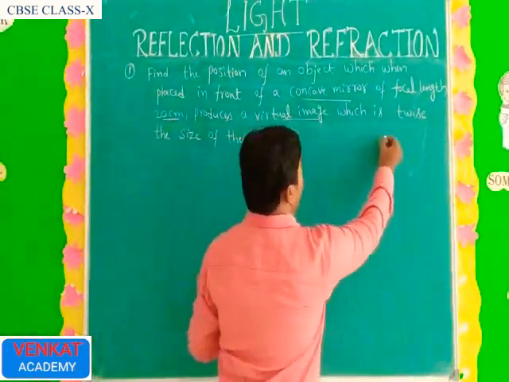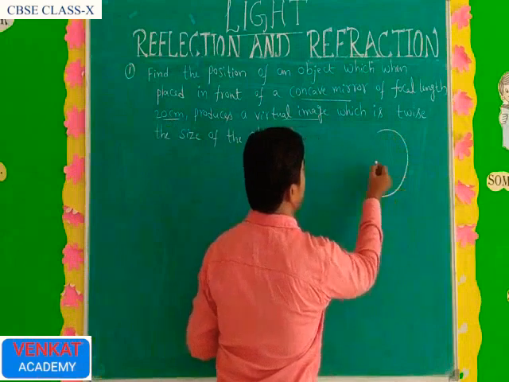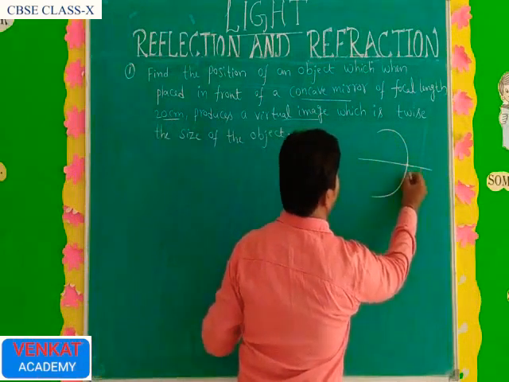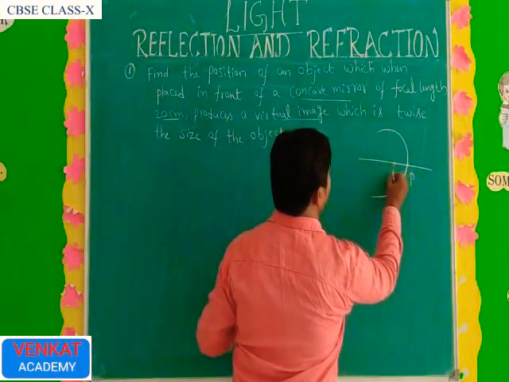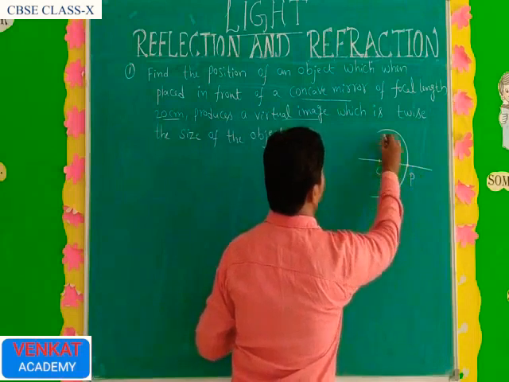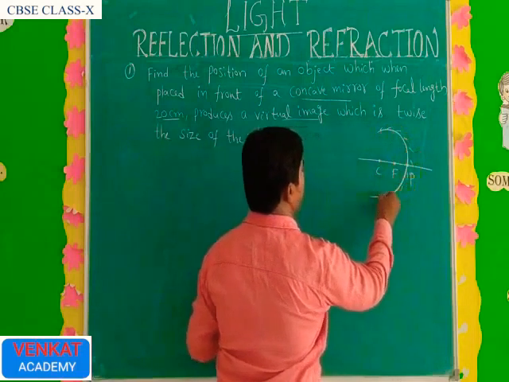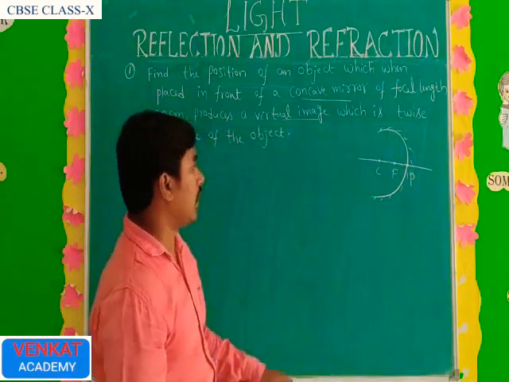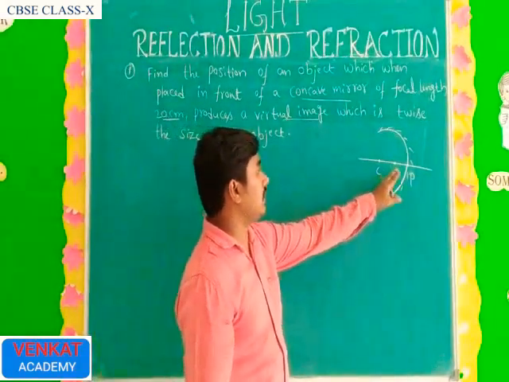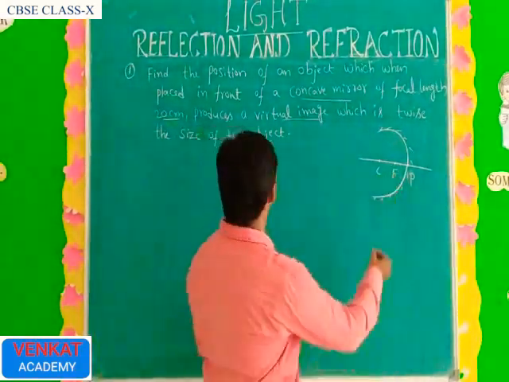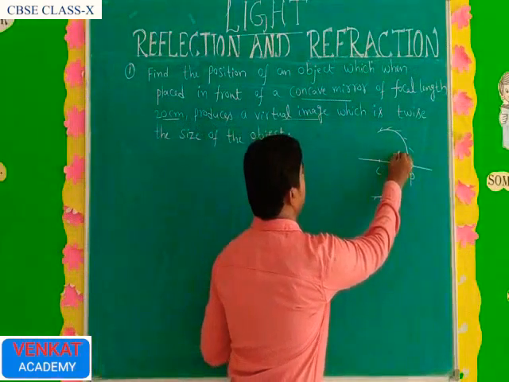Which mirror is it? This is a concave mirror, with pole, focus, and center of curvature. They have given the focal length, 20 cm.